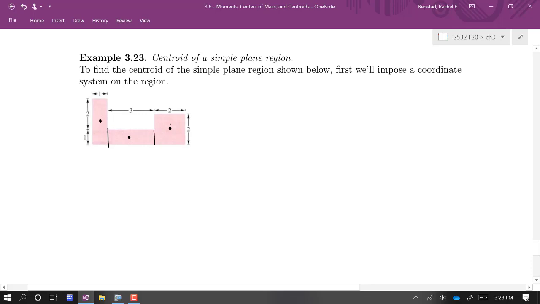So in this way, I could think of it as just a collection of isolated masses, which is more like that first example that we worked out. I'm going to label these regions here.